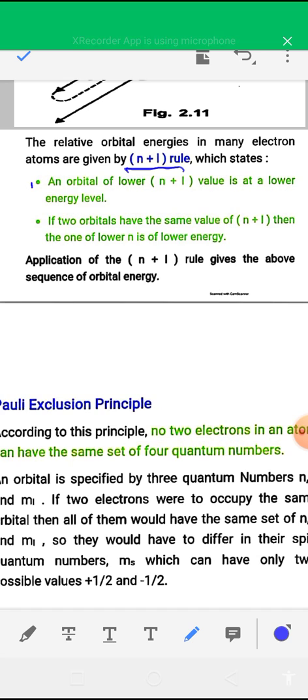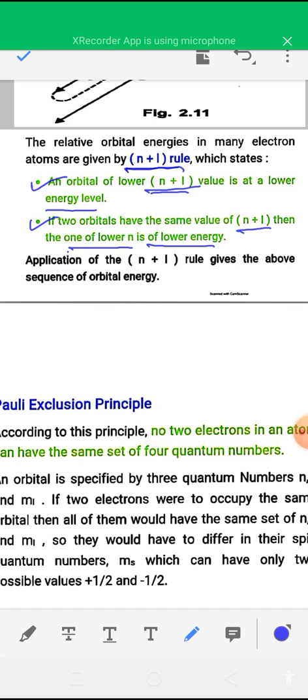An orbital of lower n plus l value is at a lower energy level, and if two orbitals have the same value of n plus l, then the one of lower n is of lower energy.